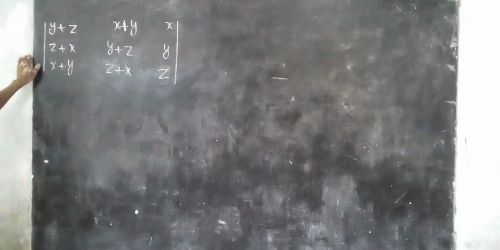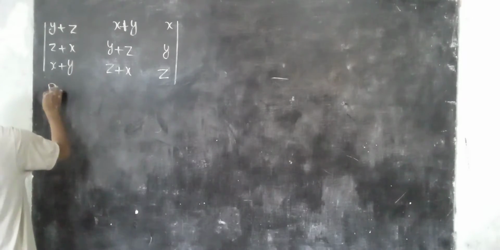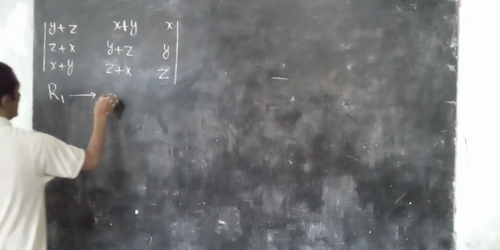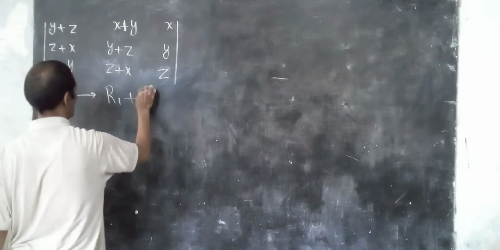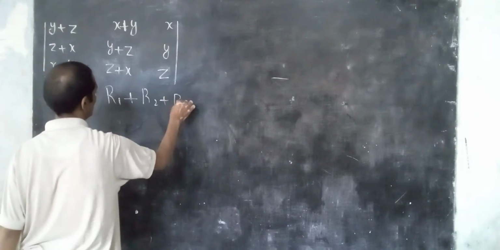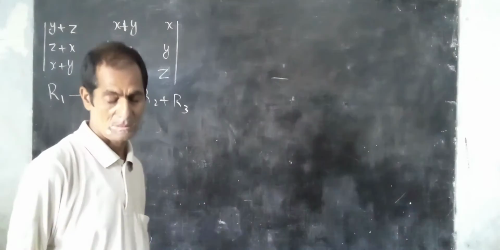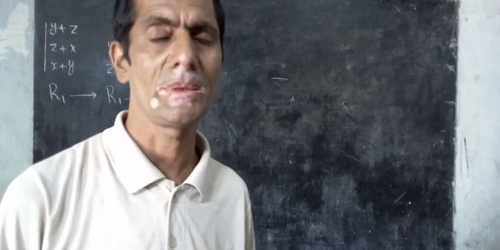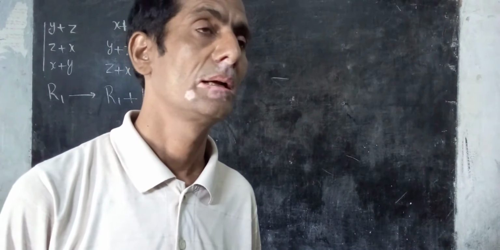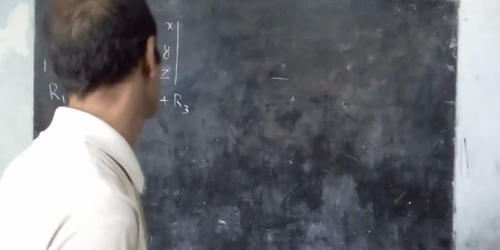If we replace R1 by the sum of R1, R2, R3, then you see that each element of the row R1 becomes the same: x plus y plus z, x plus y plus z.